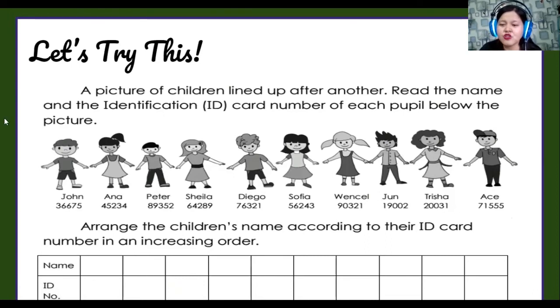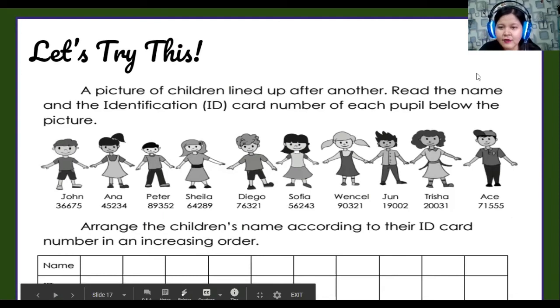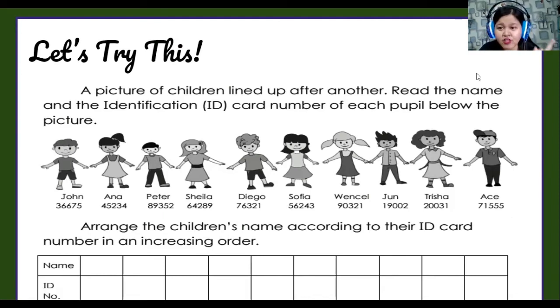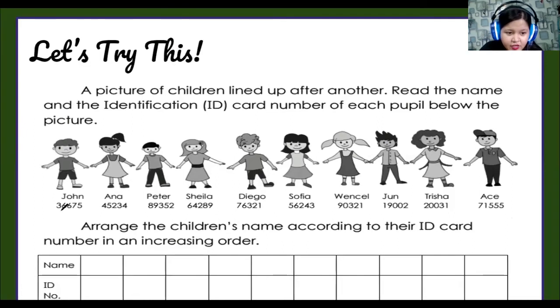So for us to know who will be first in line based on their ID number, we will arrange them first, from lowest to highest. Let's try it. The first digit in the ID of John is 3, 4, 8, 6, 7, 5, 9, 1, 2, and 7.